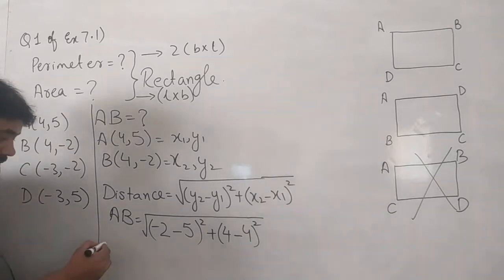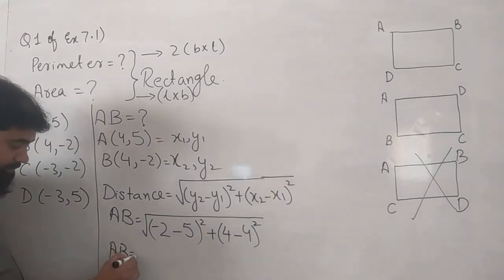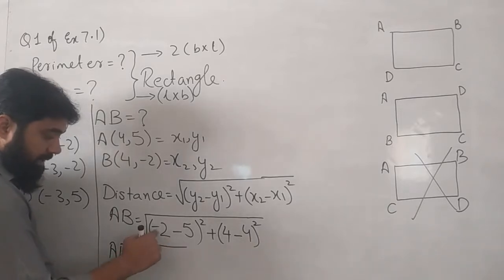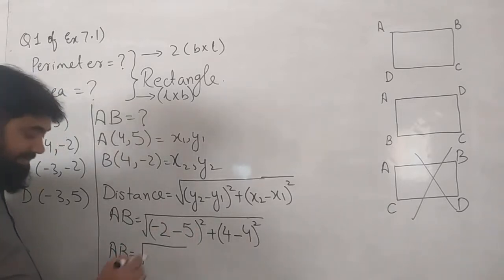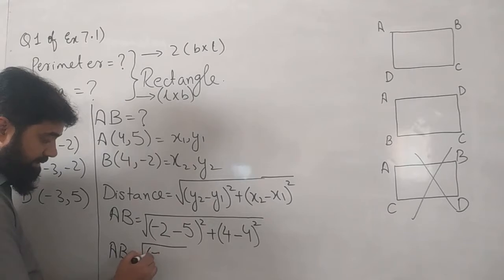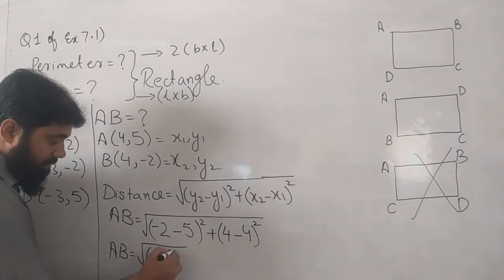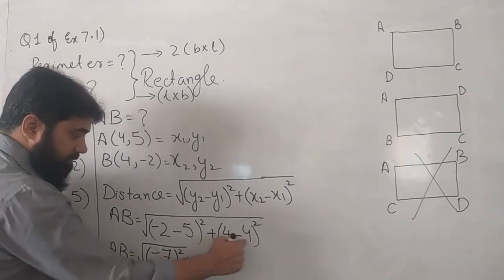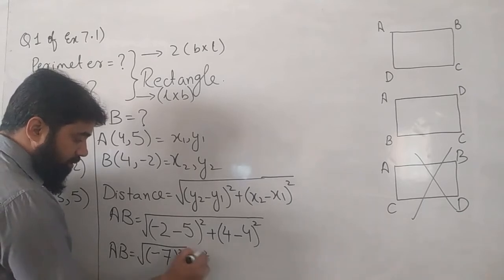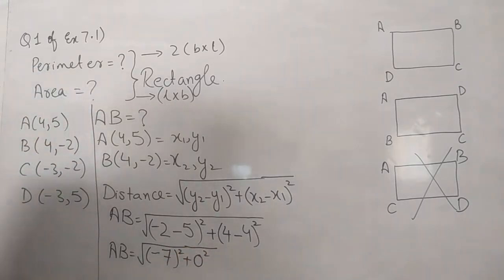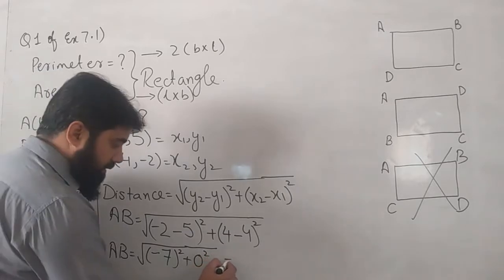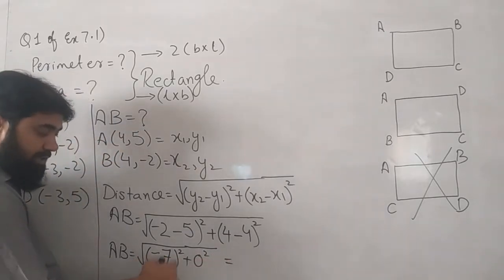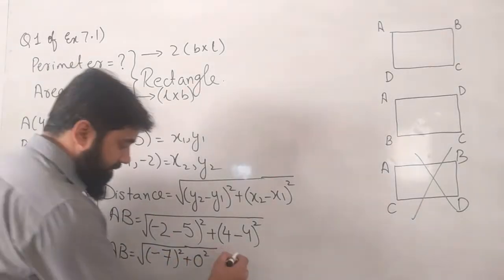Now, simplifying it further, AB equals minus 2 minus 5, which will be minus 7. Minus 7 whole square plus 4 minus 4, which will be 0 whole square. Minus 7 whole square will be 49.